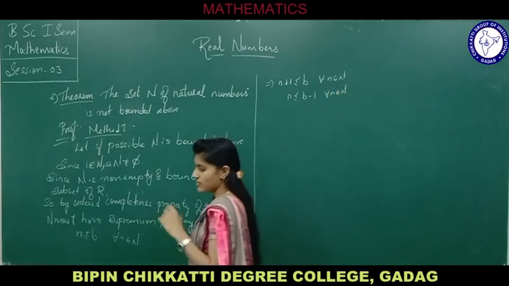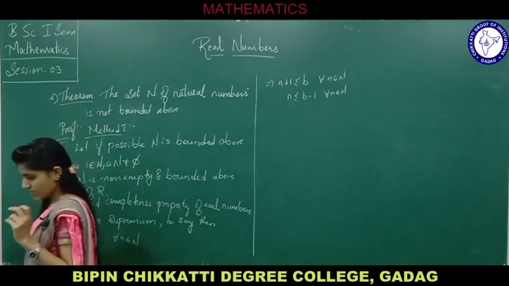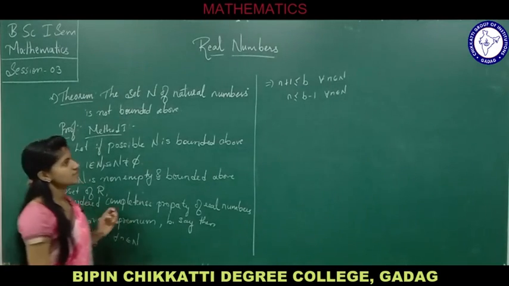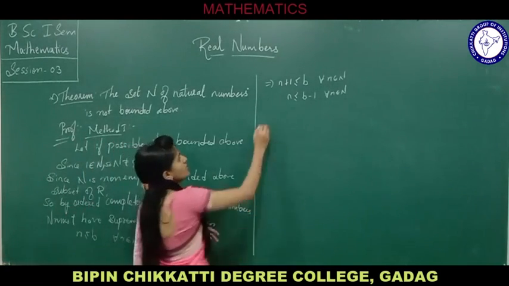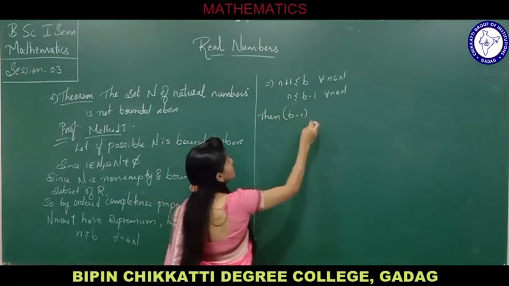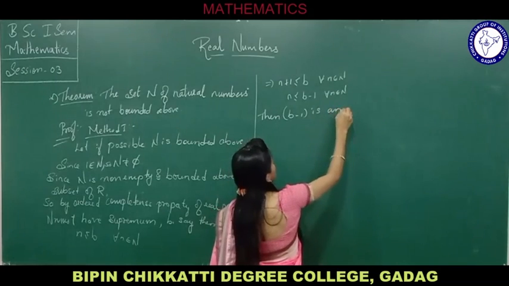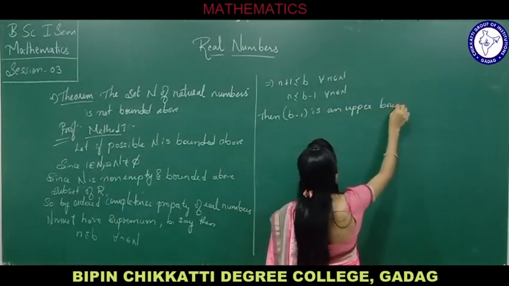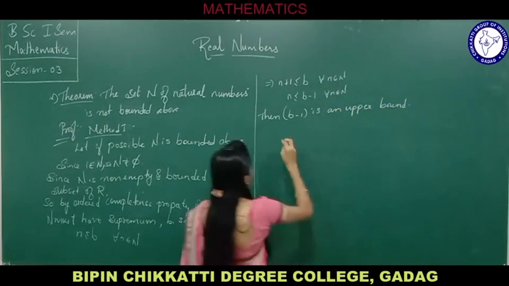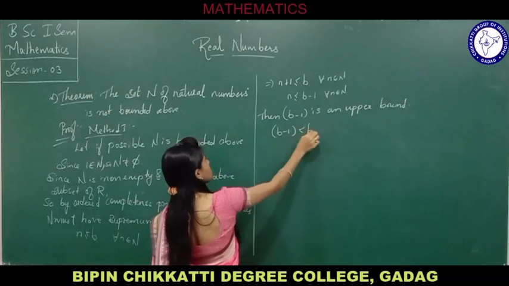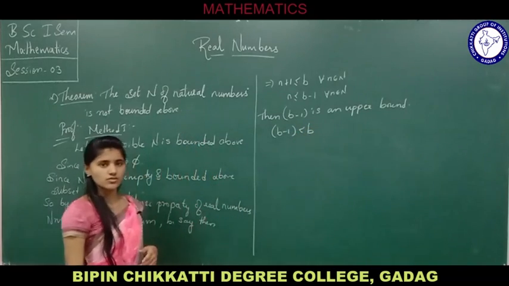Just now while proving we had written it, right? n minus 1. Then what is going to happen? B minus 1 is an upper bound. But what we know? We know that B minus 1, obviously it is going to be less than B. Yes or no?